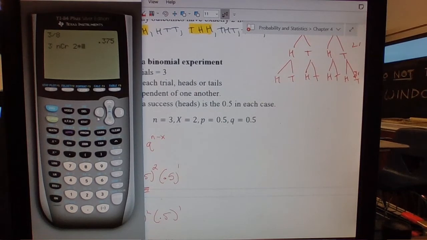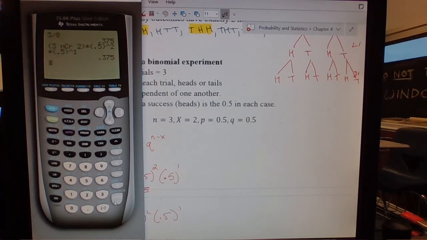And actually, I don't know how it's going to work with order of operations here, so I'm going to put that in parentheses. And now multiply that by p to the second power, and multiply that by q to the first power. And if I've done things correctly, does it give me the same 0.375?